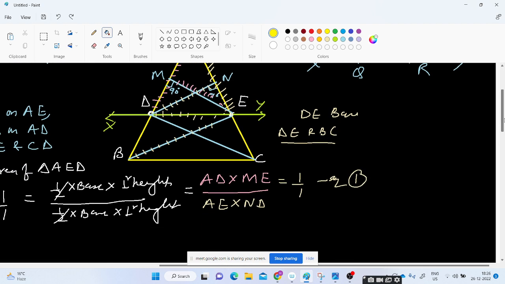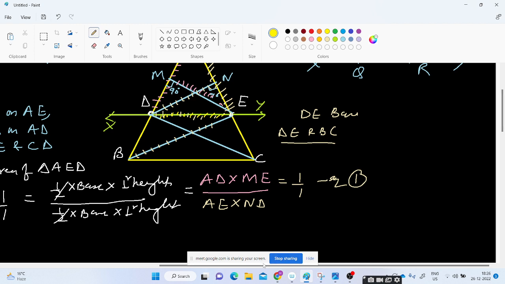We are applying this theorem here: DEB and DEC are on the same base DE, and they lie between the same parallels DE and BC, so their areas are also equal.